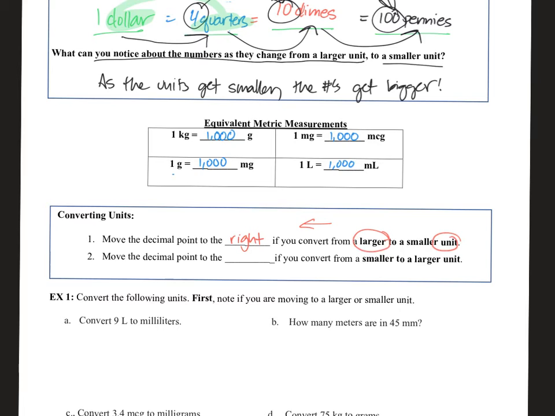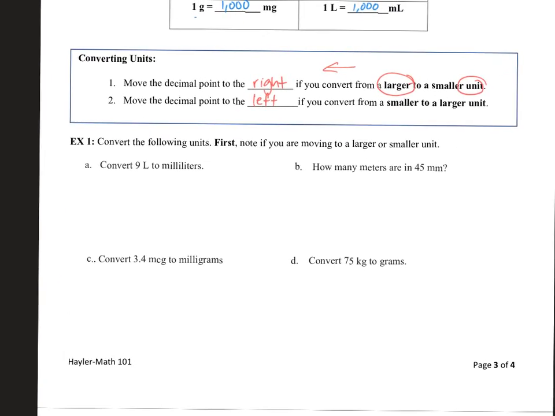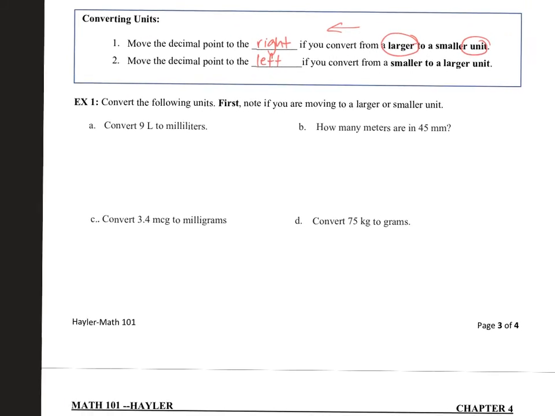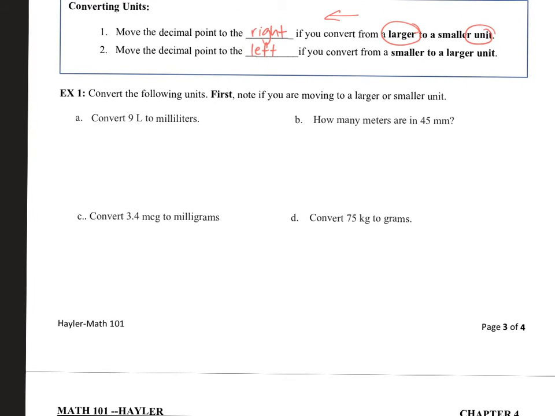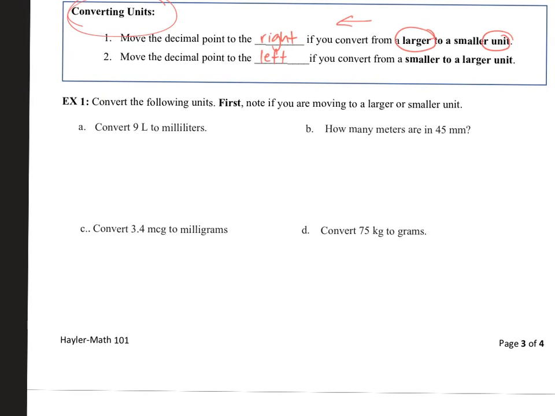For example, 0.01, you'd be moving your decimal over 1 more. For 2, move the decimal point to the left if you convert from a smaller unit to a larger unit. And we'll go ahead and see how this works in the following examples. Actually, sorry, take that back. That's just something to keep in mind. We're actually going to be using proportions to solve.